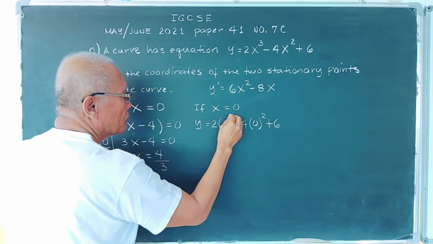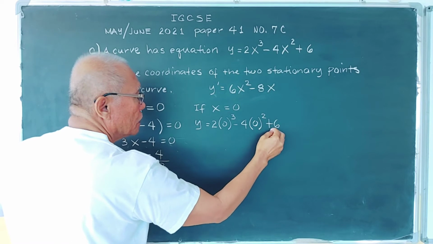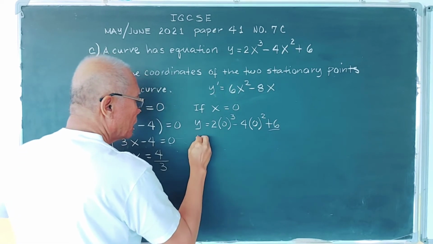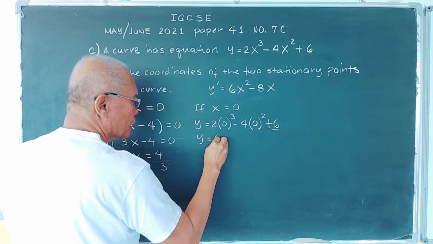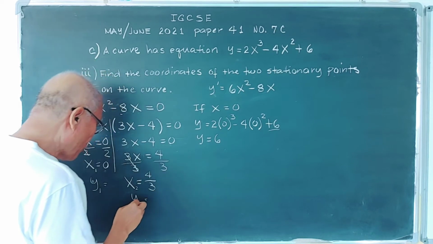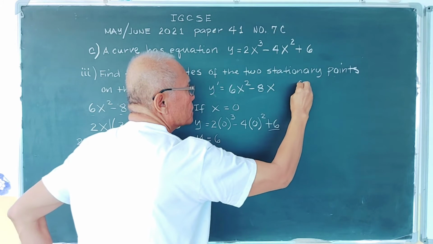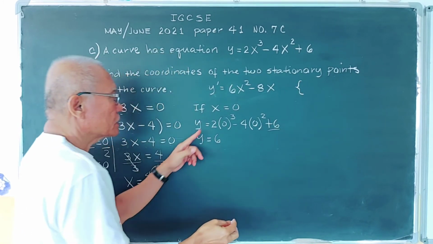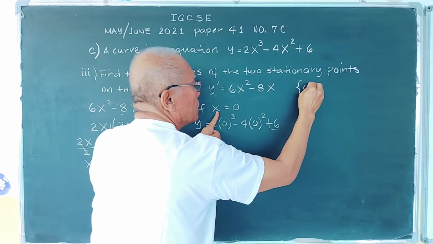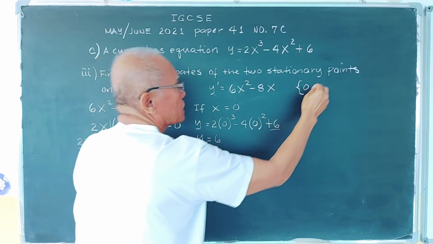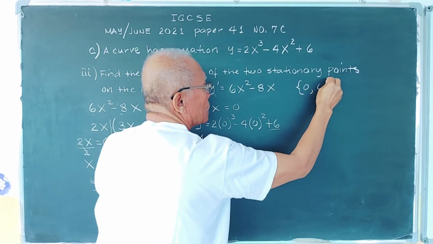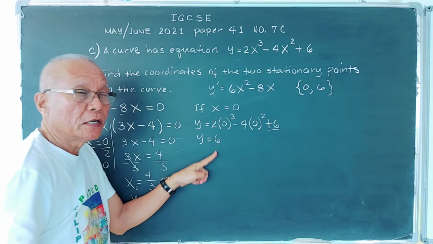Therefore, this one will become 0. This one is also 0. So we have y is equal to 6. So we have one pair now. So one pair of stationary point is 0 and then 6. That is our first stationary point.